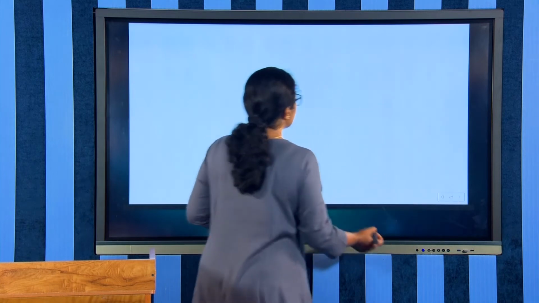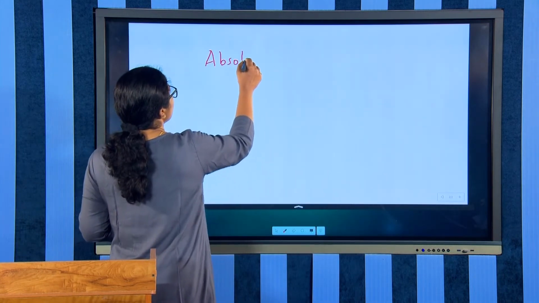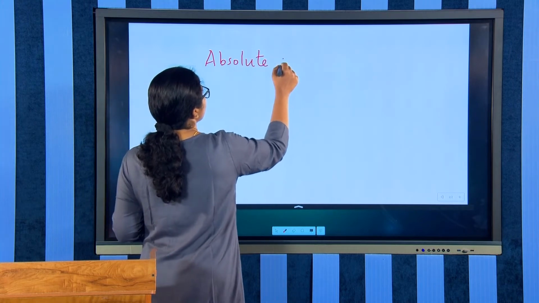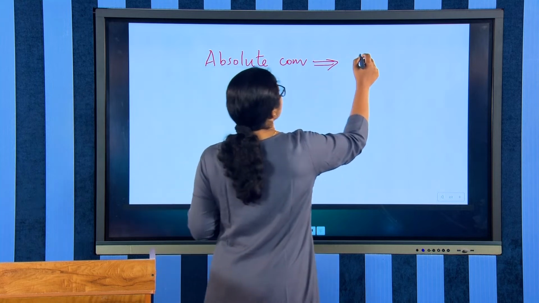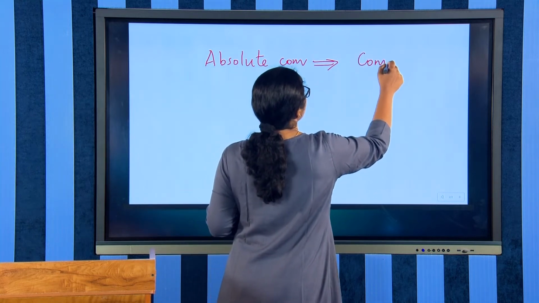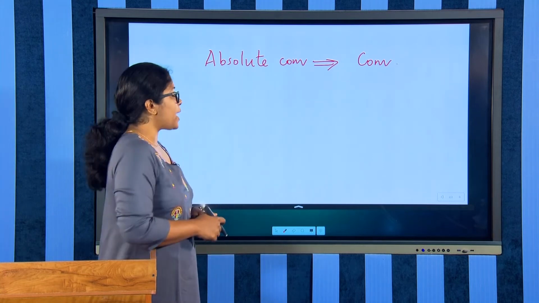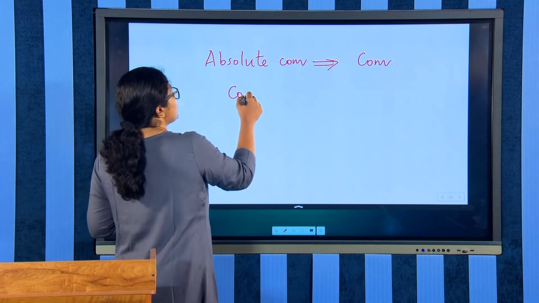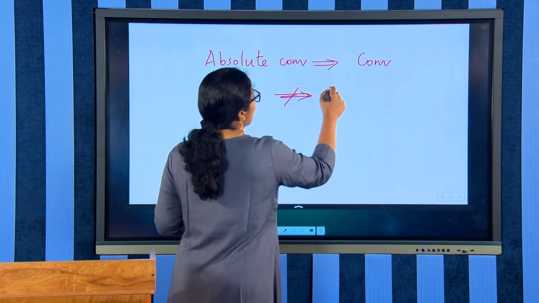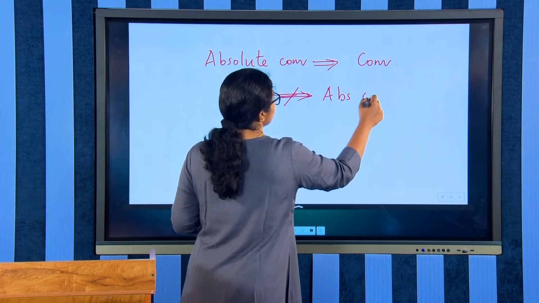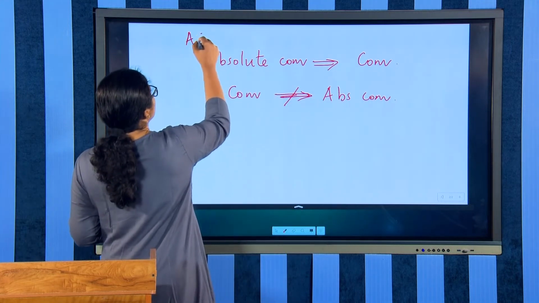If a series is absolutely convergent, then the series converges. So, absolute convergence implies the convergence of the series, whereas the converse need not be true. Convergence will not imply absolute convergence. So, this is called the absolute convergence test.